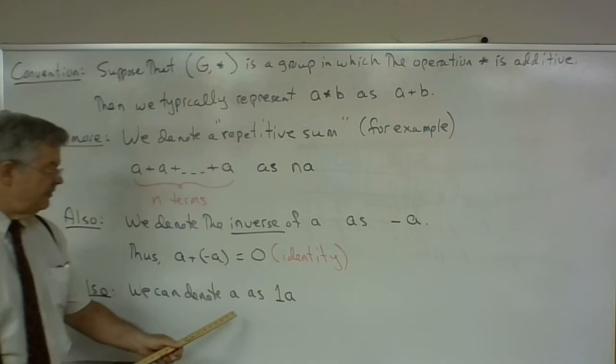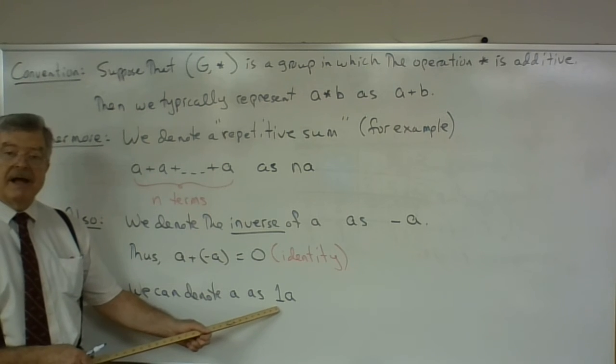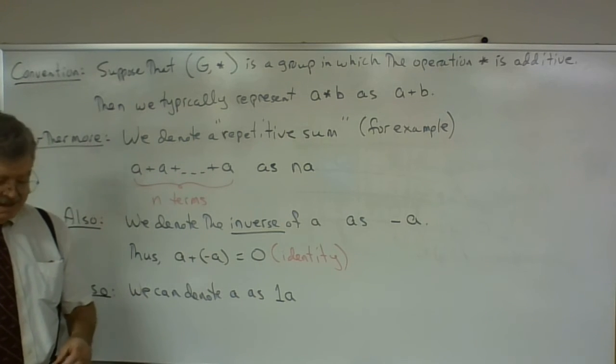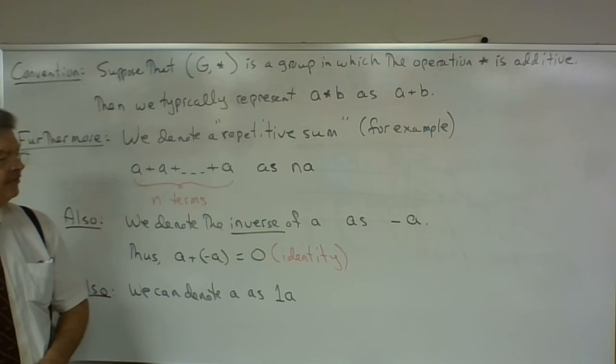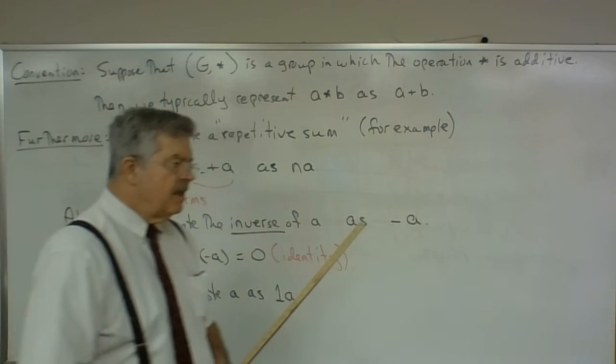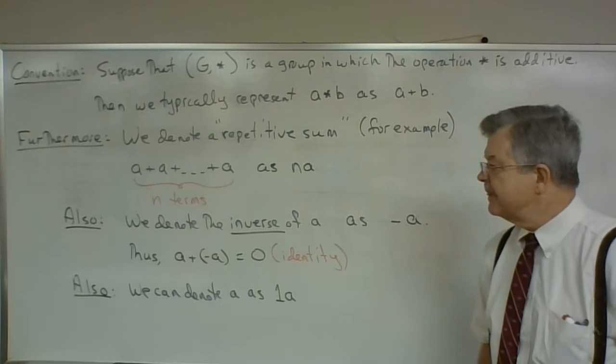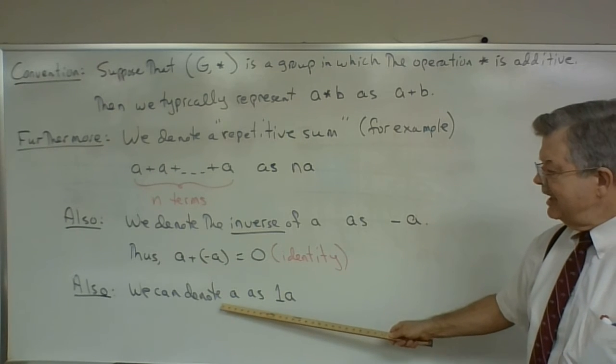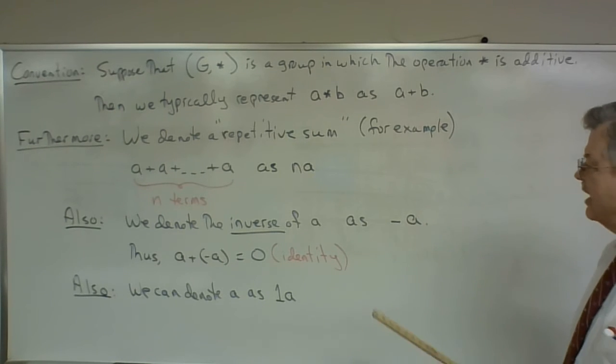We can represent the element A as 1 times A, or 1A, under additive notation. Now we skipped something because this thought just came to me and I needed to address it.